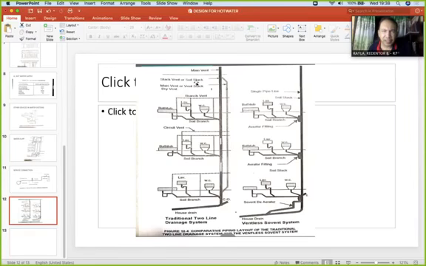The big one is the stack vent. The stack vent can be the main vent. This one is the stack itself, the soil stack, soil because it carries wastewater and excreta, human waste.